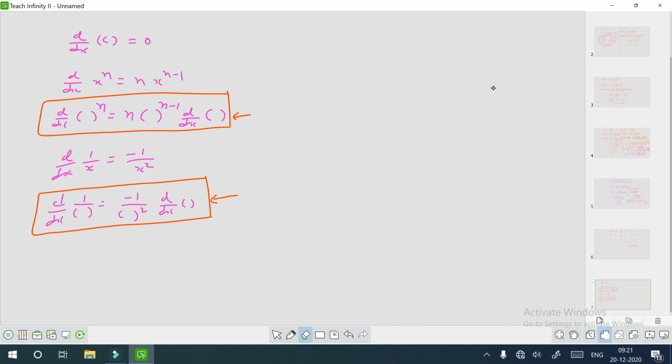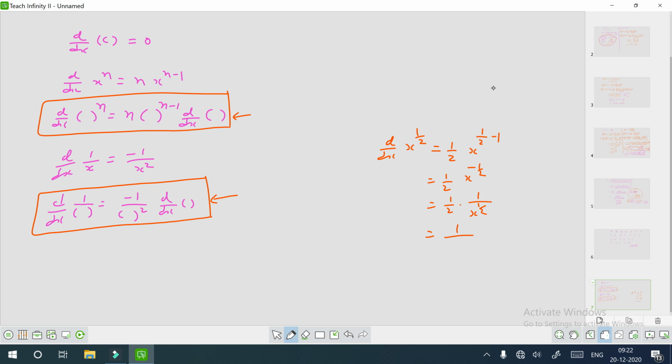Now let me take n equal to half. d by dx of x raised to half gives half x raised to half minus 1, so half into x raised to minus half, half into 1 upon x raised to half.